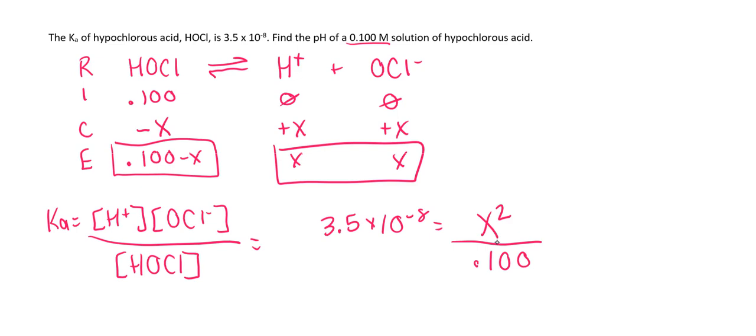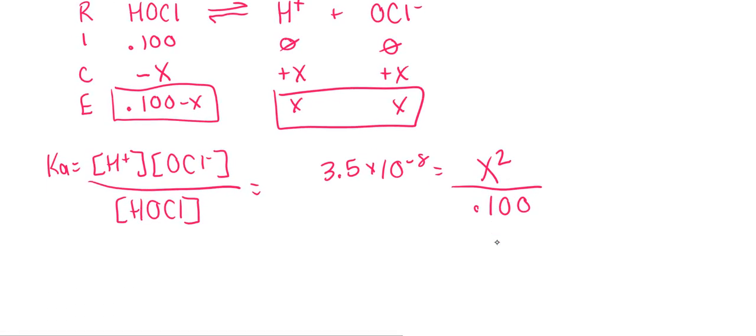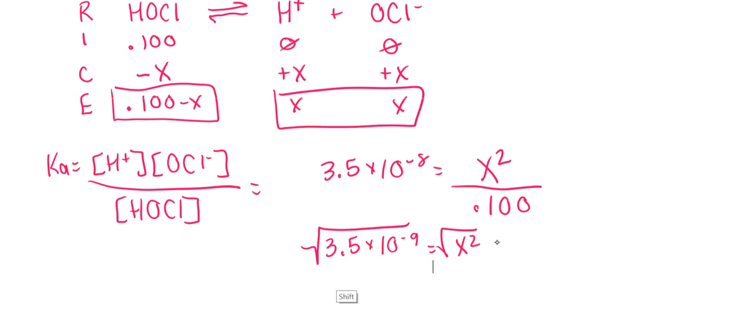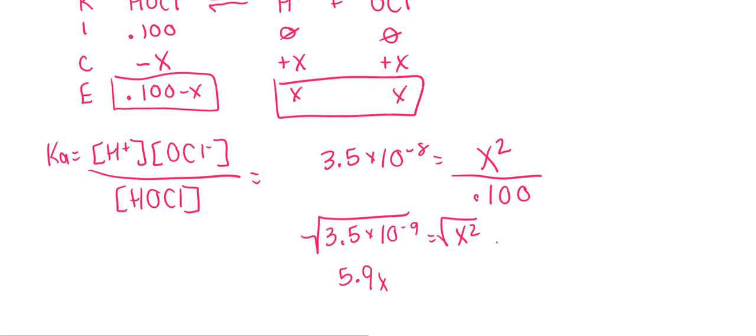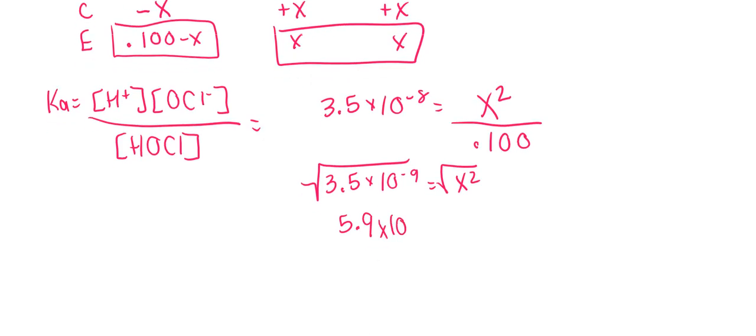First step is to multiply both sides by 0.100. And then to solve for X, we need to take the square root. So 5.9 times 10 to the negative fifth is equal to X.